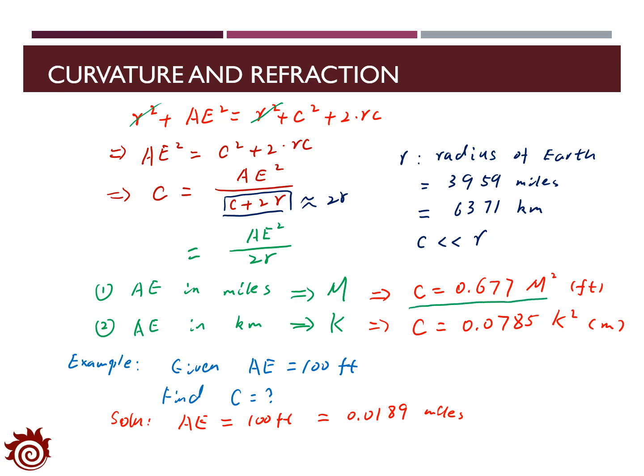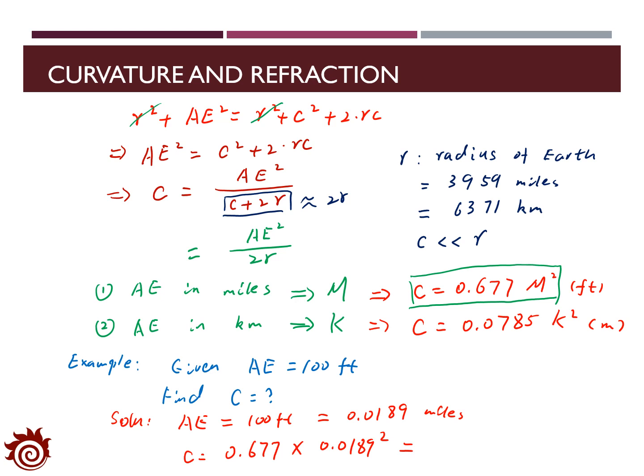And then we can call the first equation to find out the curvature error, which will give you the value as C equal to 0.677 times 0.0189 squared.